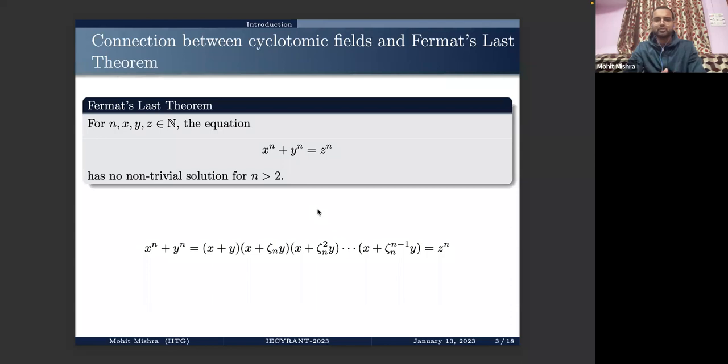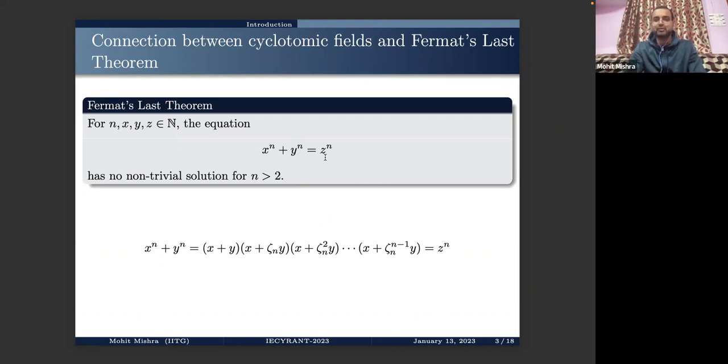So Kummer found a way to deal with the failure of unique factorization, and he proved that if a prime p does not divide the class number of the pth cyclotomic field, Q(zeta_p), then for that exponent this Diophantine equation does not have any non-trivial solution.